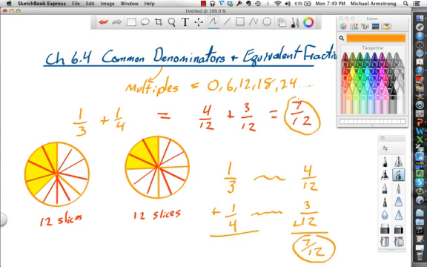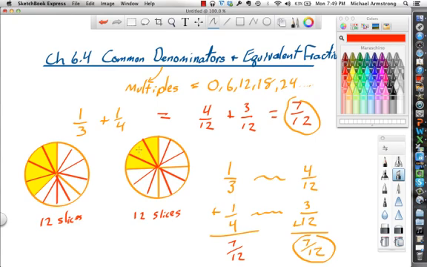If I add these pieces up, that's what happens. It works out pretty well. So 1/3 plus 1/4 is 7/12. Ooh, let's do a better job than that. 7/12. And you can see from the shaded areas that's what you get.